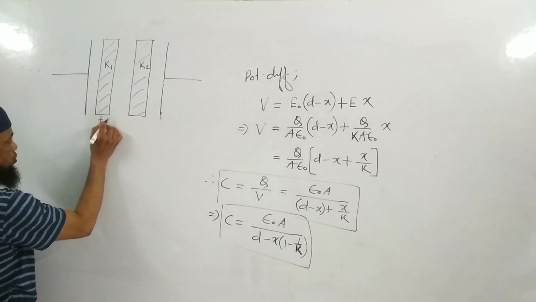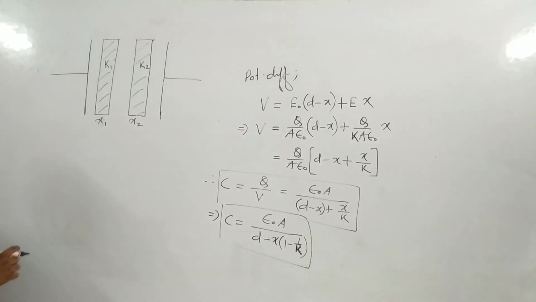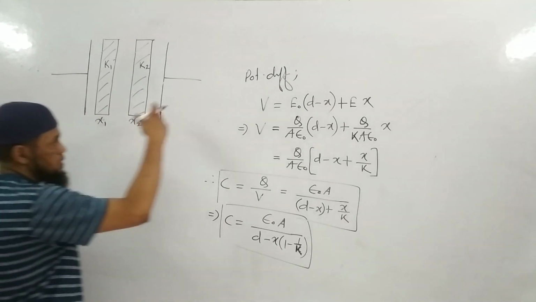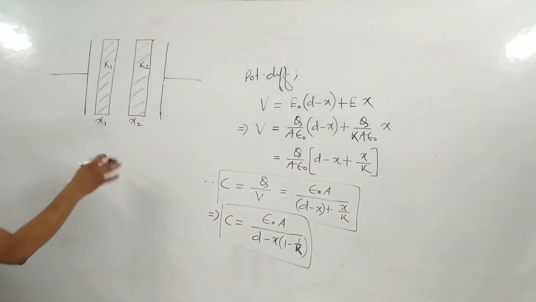This thickness is suppose X1. This thickness is suppose X2. So you can proceed in a similar manner in detail, or you can make a shortcut also. I'll show you. First, I'll show you in detail.